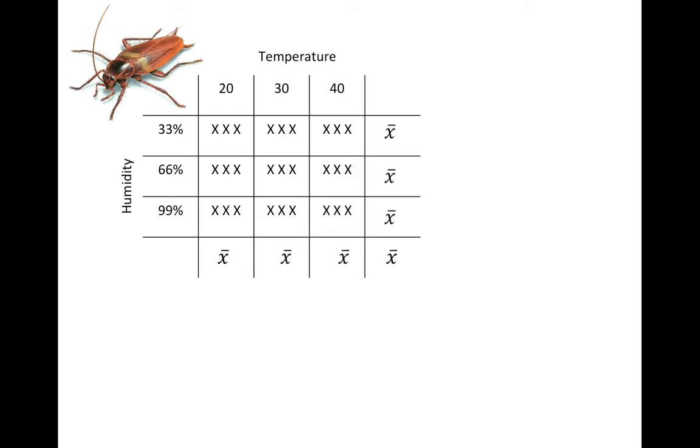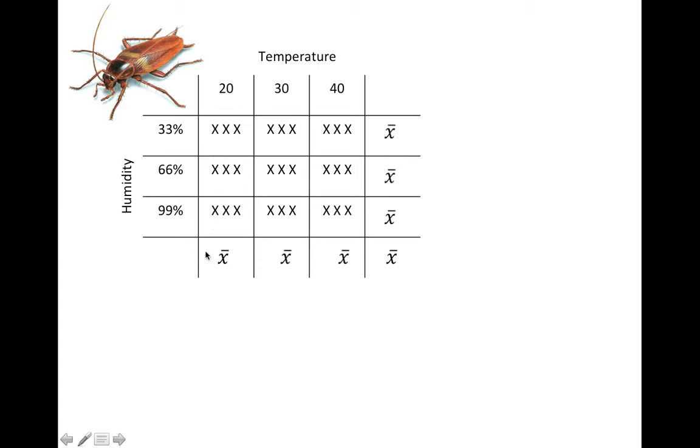In this example, we look at the growth of cockroaches that are raised in 3 different temperatures and 3 different humidities. We have 3 observations in each square, that is each combination of temperature and humidity.